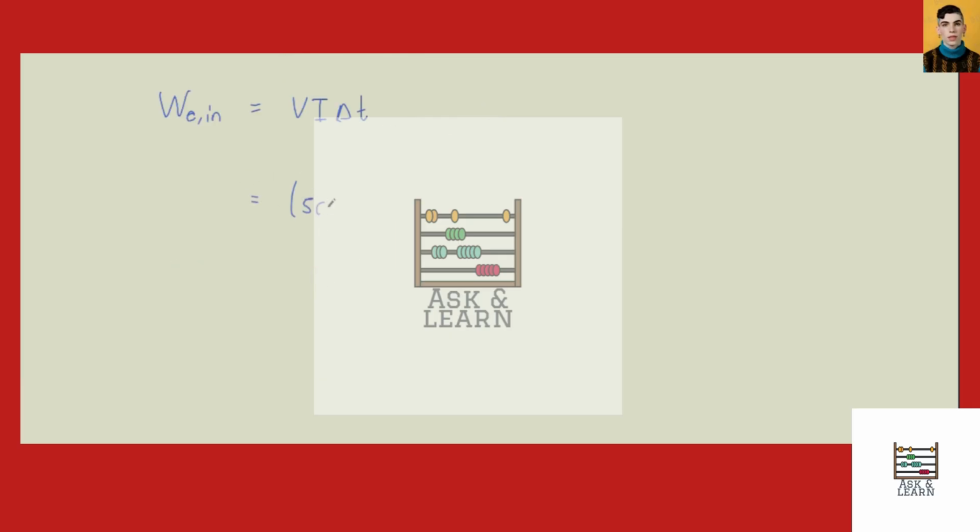So the voltage is 50 volts, the current is 10 amperes, and the time is 30 minutes, so that's 30 times 60 seconds. And we get the electrical work done on the water to be 900,000 joules or 900 kilojoules.